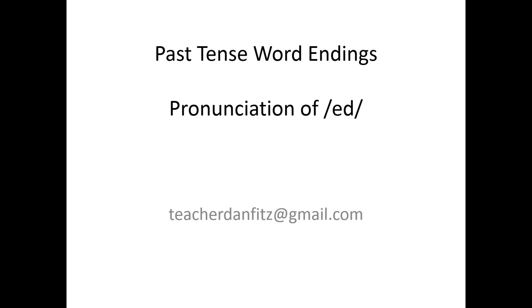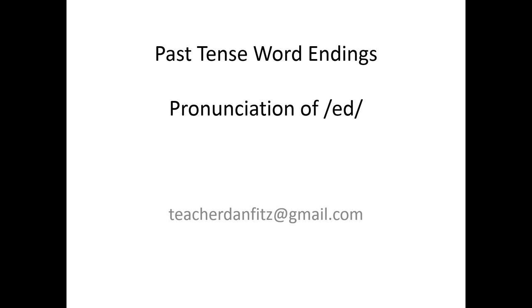Today, I've talked about past tense word endings for verbs and the three different ways that we pronounce the ED and how you know how to pronounce the ED. It's based on the last sound of the verb.